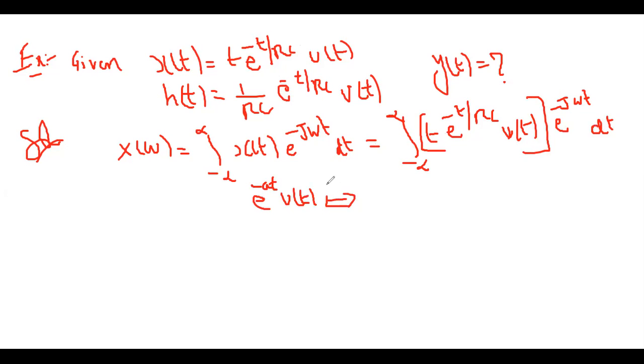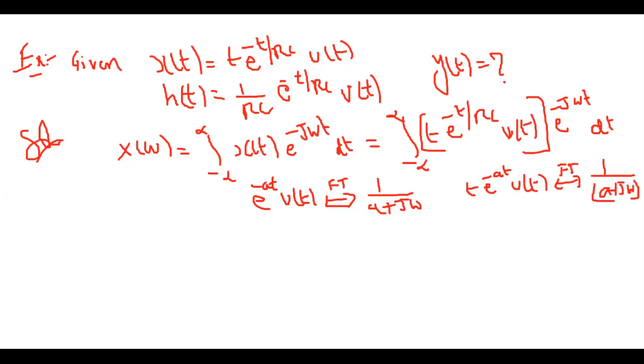Otherwise, you can use the properties. The Fourier transformation of e^(-at) u(t) is 1/(a + j omega). If it is multiplied with t, the Fourier transformation of t e^(-at) u(t) is 1/(a + j omega) whole squared.